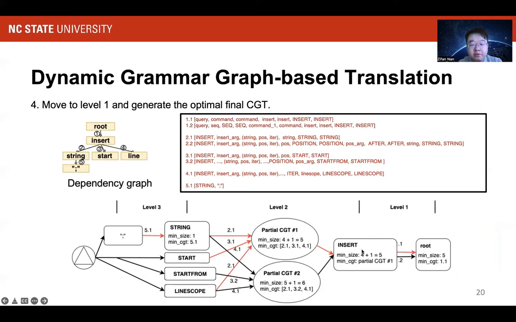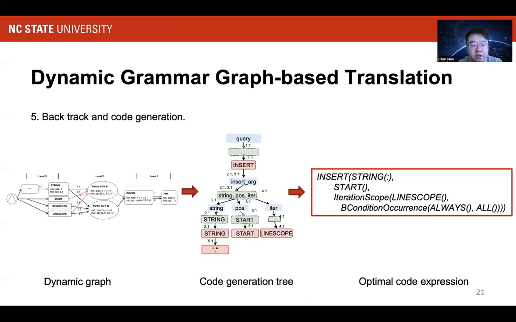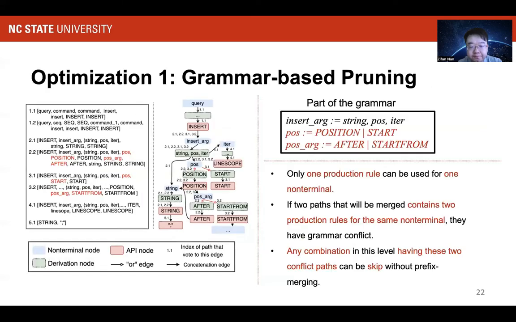Then we proceed to the first level, and with the optimal results applied at the root, we can get the actual minimum size of the final CGT, and we can retrieve the tree based on the record in each node. After retrieval, we have the code generation tree with minimum size, which is directly translated into the final code expression, the return of the synthesizer.